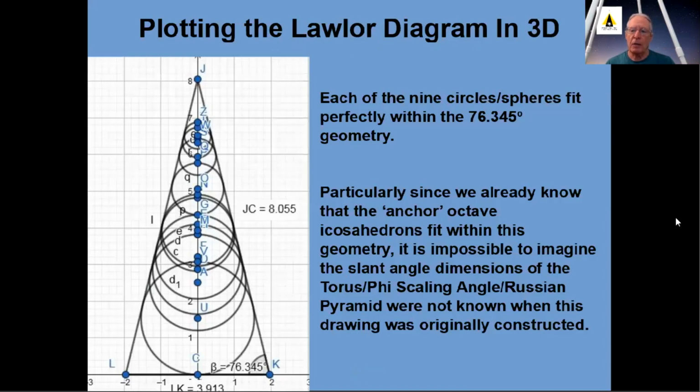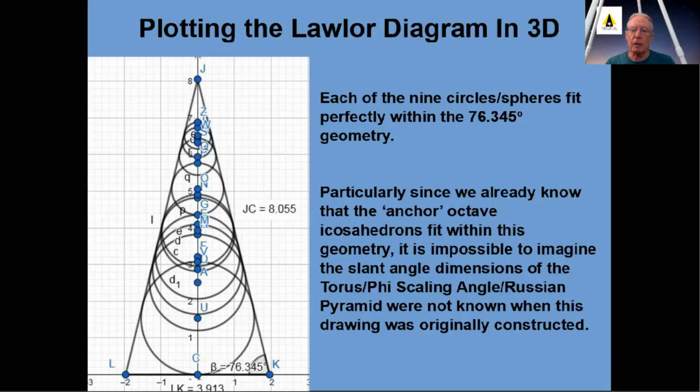So this is the visual result of plotting the Lawlor diagram in 3 dimensions. Each of the 9 circles and spheres fit perfectly, and I mean perfectly, within the 76.345 degree slant angle geometry of the pyramid. And again, it's the same as the Phi scaling angle and the dimensions of the torus.